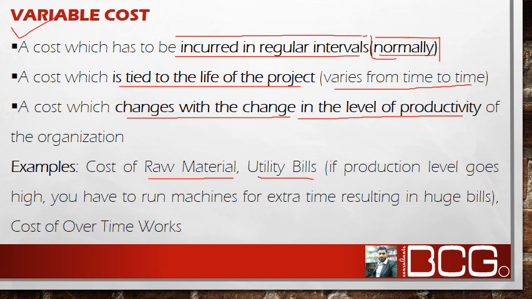If the production level of some company goes up, that means you have to run your machine or the other setup for more time. That means you have to pay more utility bills for that extra time. So the cost is going to be variable in this situation as well.